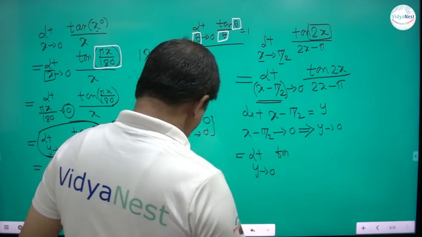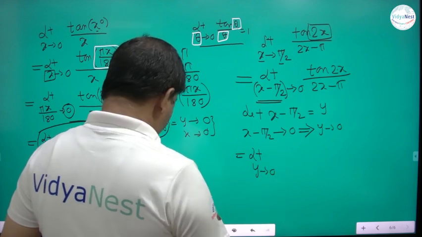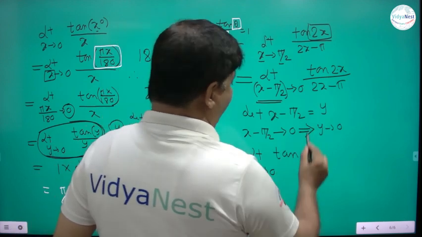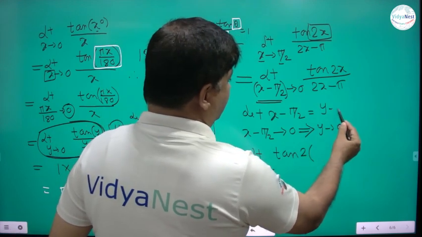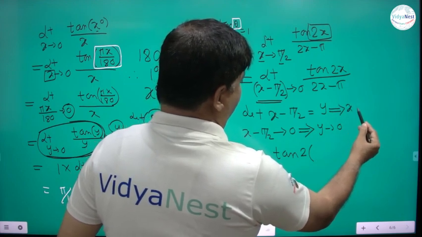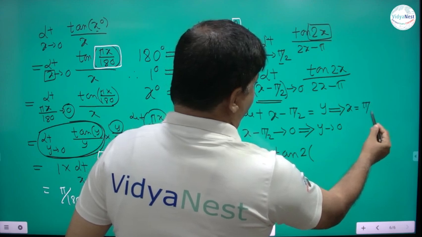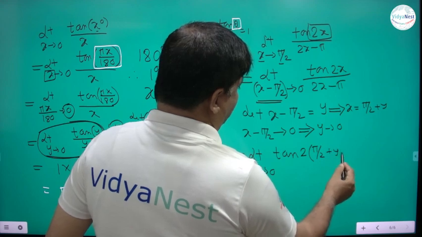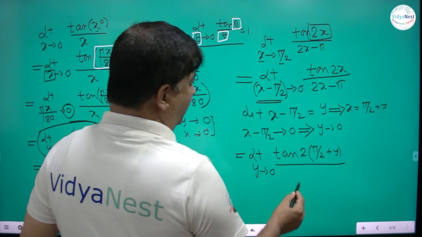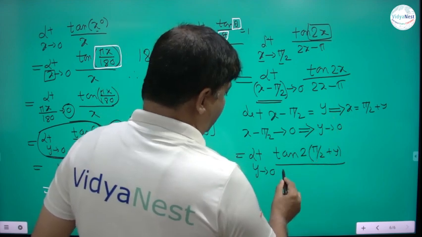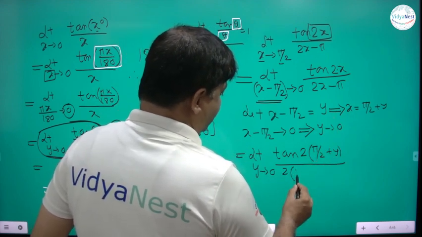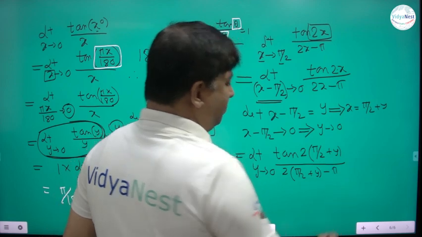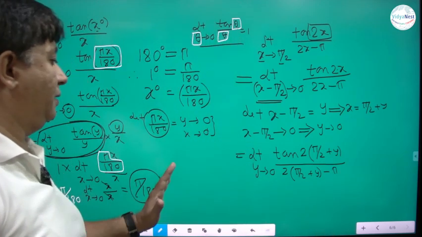Tan of 2x, 2 into what is x? From here you can get x in terms of y. In the denominator, you see 2x will be written in terms of y. So all x is replaced and converted into y.